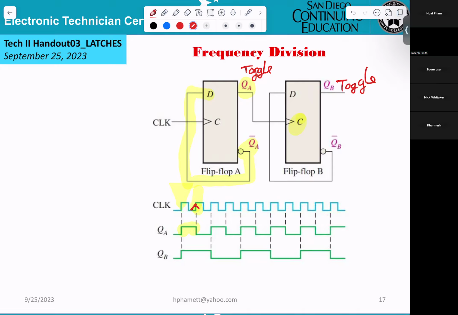And let's see, QA goes 0 to 1 here, so QB toggles. So if you have to draw the waveform, then anytime QA goes 0 to 1, this one will toggle.